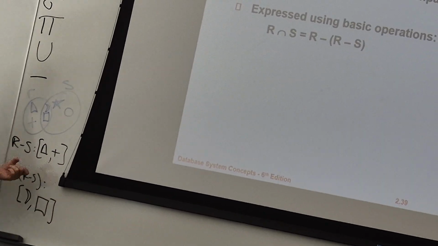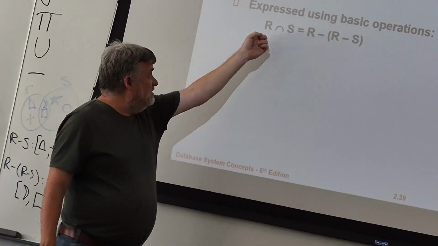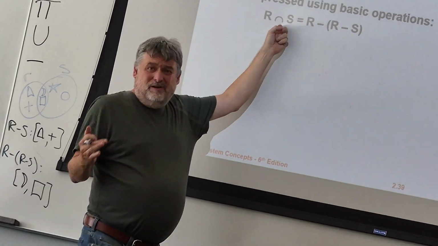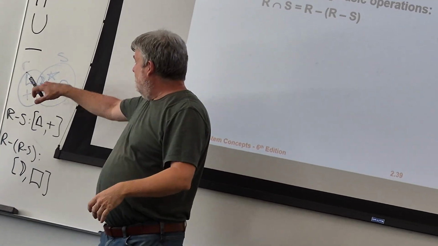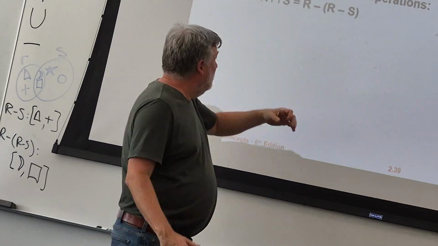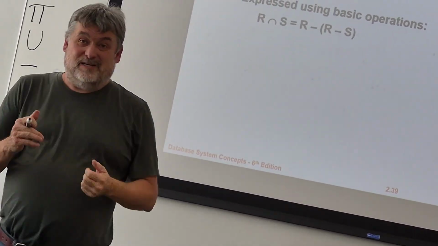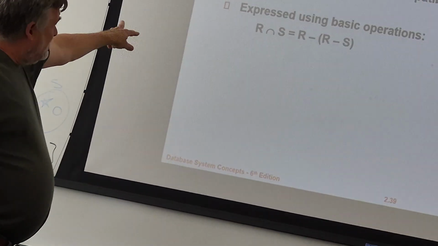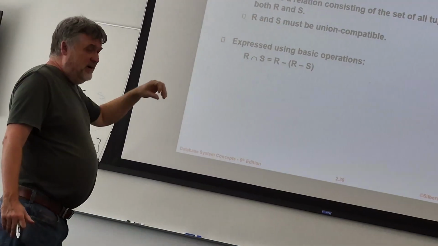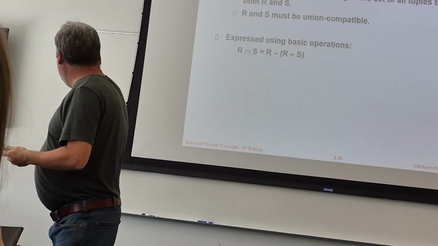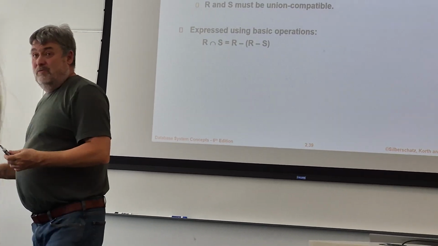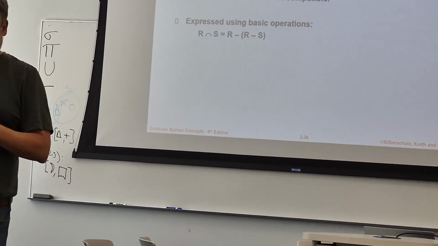Does that make sense? The author told us that this thing, which we kind of knew what it would do if expressed in terms of a Venn diagram, we know that the intersection of two sets should be the things that are in both of those sets. And I just couldn't picture what R minus S would be. But it turns out that it does exactly what we would expect intersection to return for us.